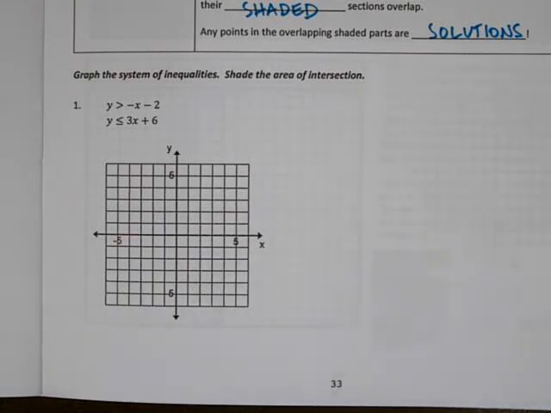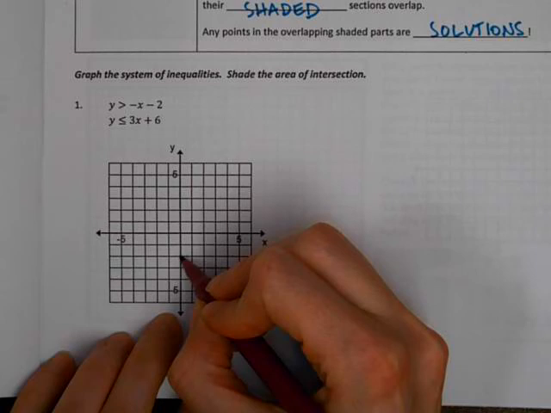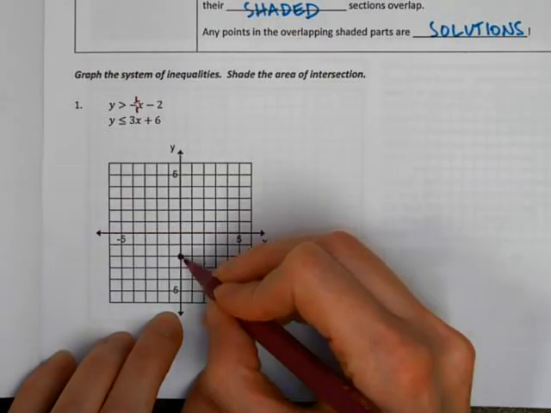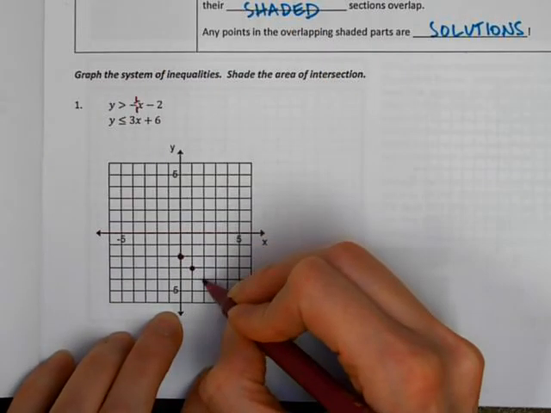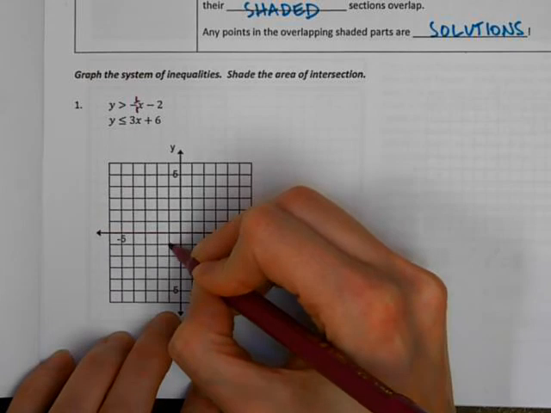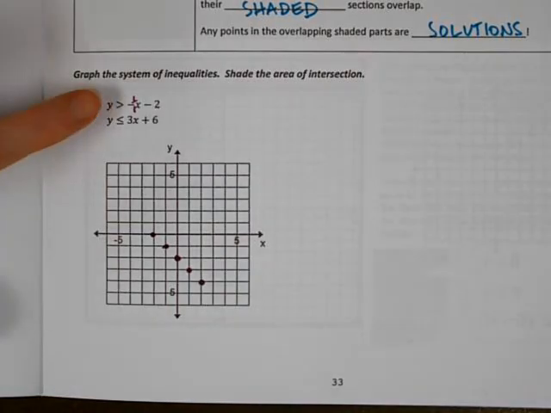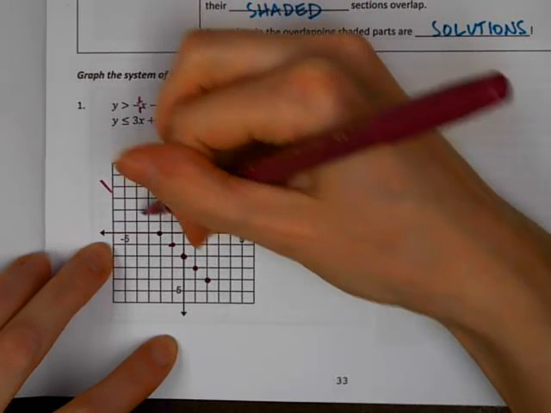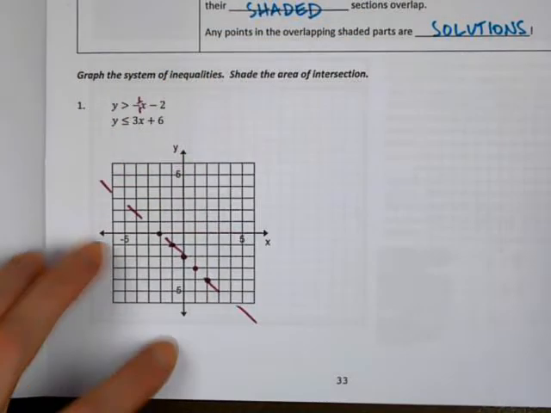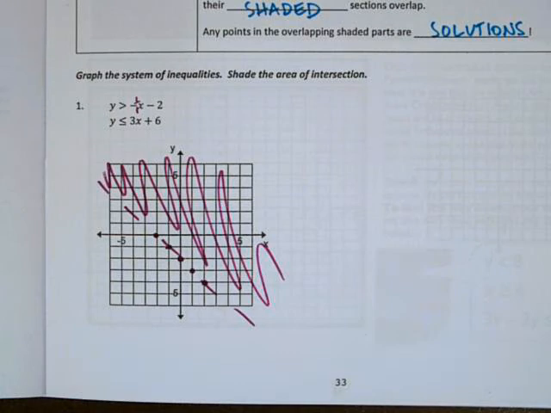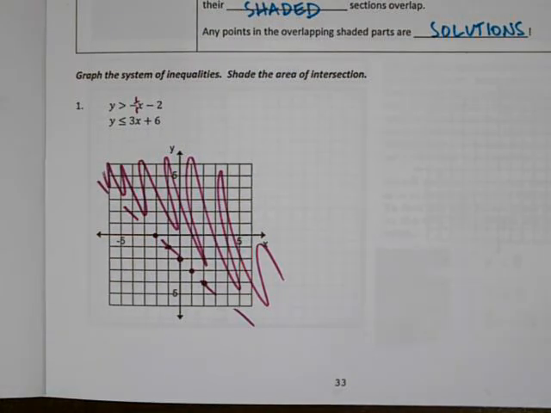Okay, so number 1, the y-intercept is -2, and the slope is -1 over 1. Down 1, right 1, or up 1, left 1. All right, greater than. So this is going to be a dashed line, and we're shading above. Now, if you guys have two colors, this would be an awesome time to use them.